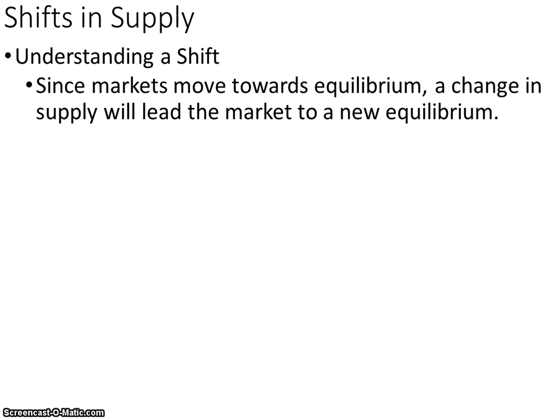Since markets move towards equilibrium, a change in supply will lead the market to a new equilibrium. Once you shift to the right or to the left, you are going to see a new intercept where supply and demand meet. That new intercept is going to be your new equilibrium.